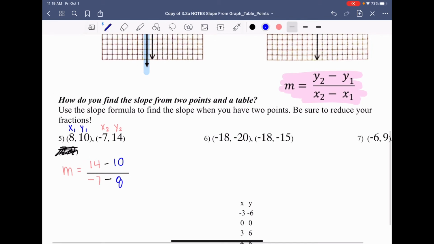And then I just solve left to right. So 14 minus 10 is 4. And negative 7 minus 8 will get me a negative 15. So there's our slope. It can't be simplified, so that's our slope.